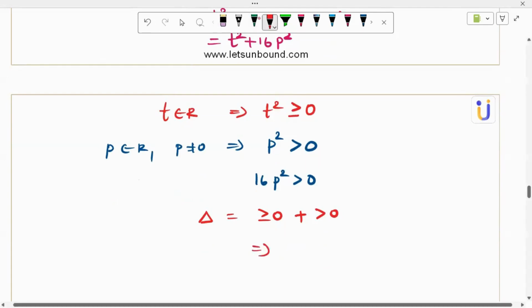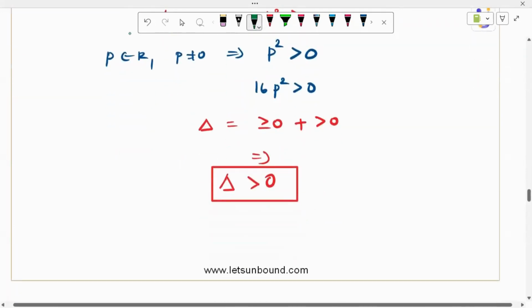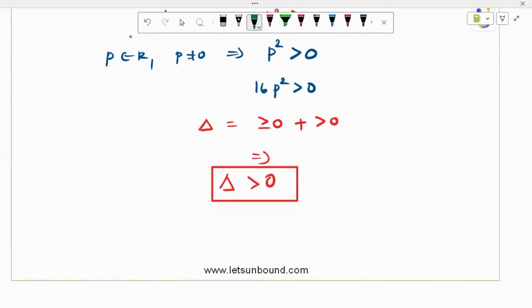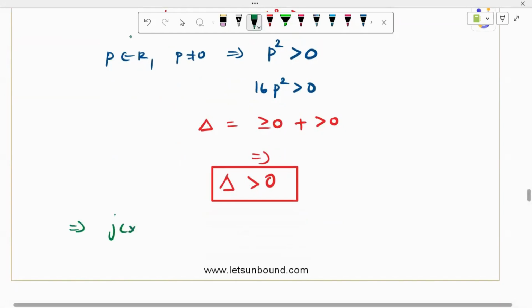So this implies delta is greater than 0. And since I have proved delta is greater than 0, and my equation is purely based on p and t, this implies j of x and g of x intersect at two distinct points.